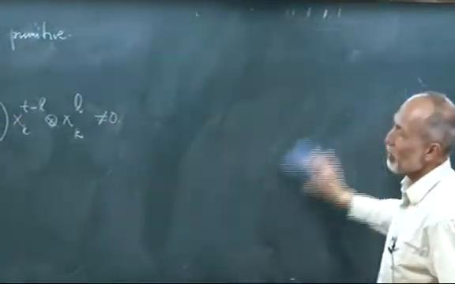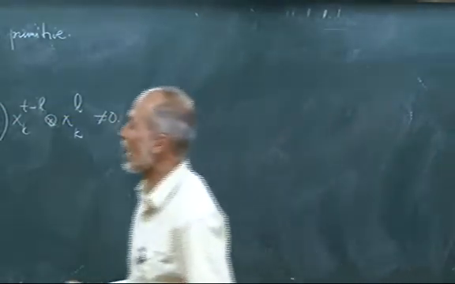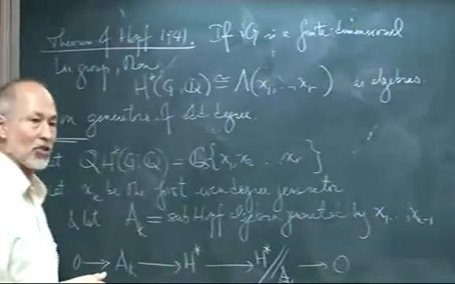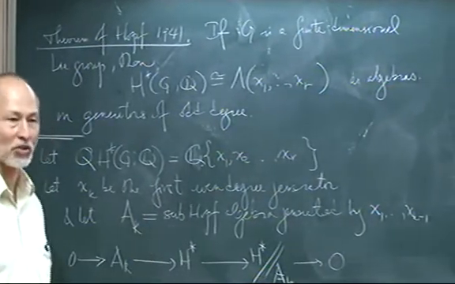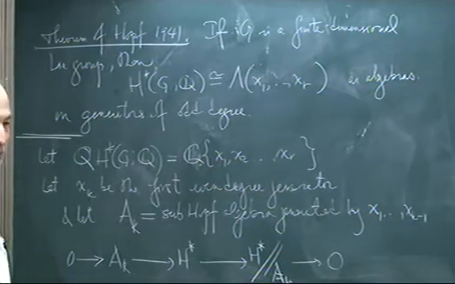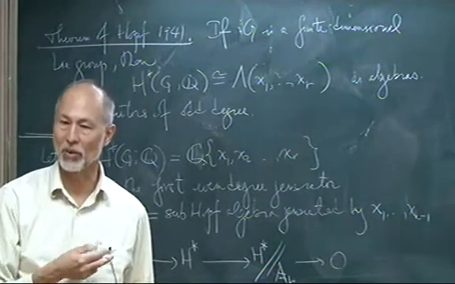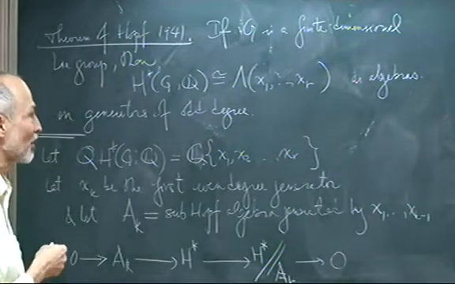I'll just point out, by the way, that the Euler characteristic for this is 0. It's fairly obvious what the Poincare polynomial for that is, and when you evaluate it, you get 0.